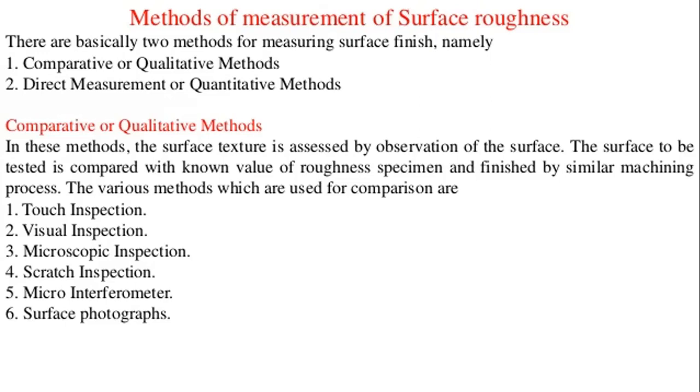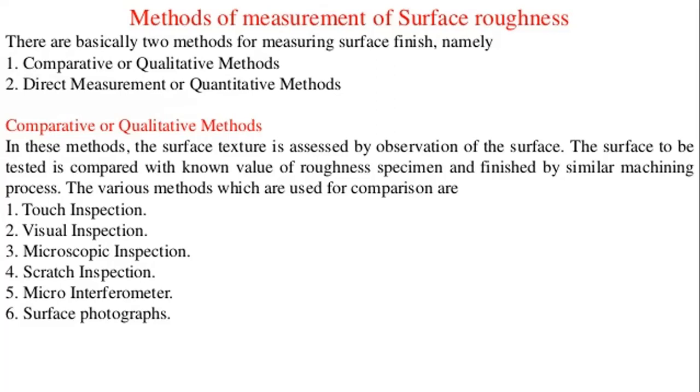The third one is the microscopic inspection. In this microscopic inspection, the inspection is done by using the microscope only. The next one is the scratch inspection. By verifying the scratches in the surface texture, we can do the scratch inspection.